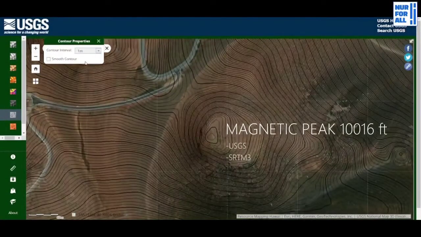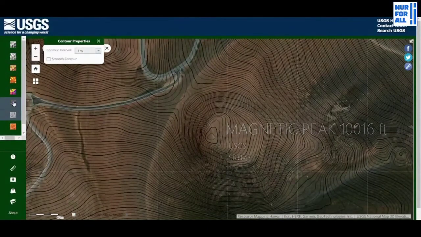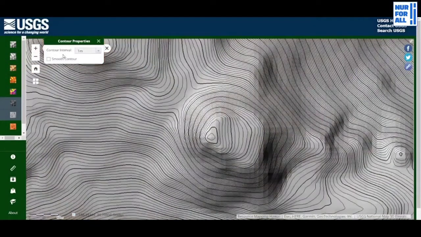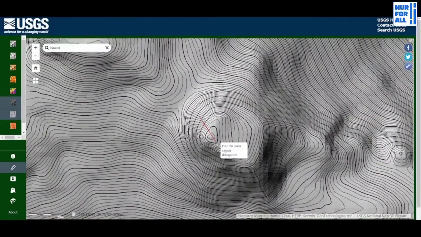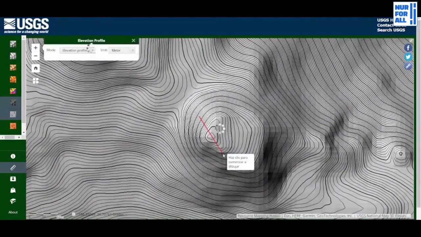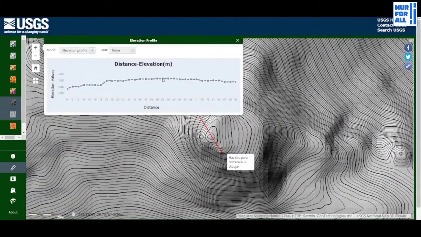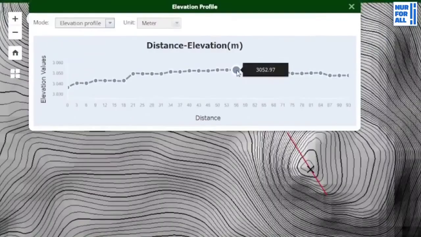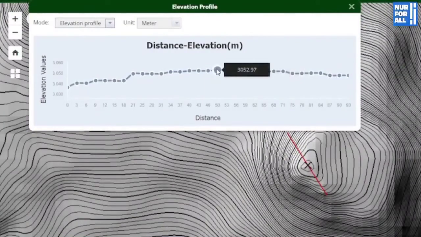And officially the Magnetic Peak is 10,016 feet, which is equivalent to 3,052.87 meters. Even the USGS digital elevation model offers a slightly higher value of 3,052.97 meters, but we will use the official data rounded to 3,052.9 meters.